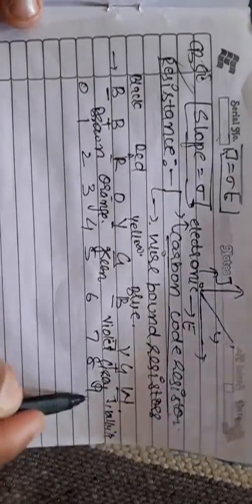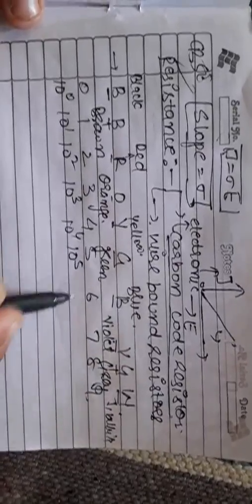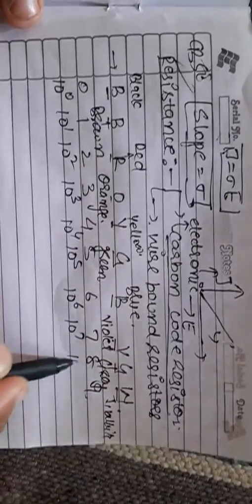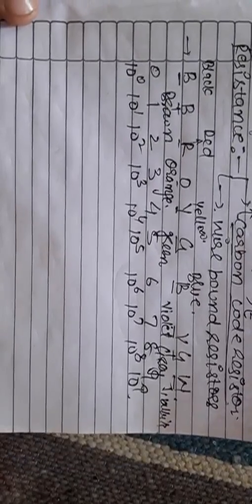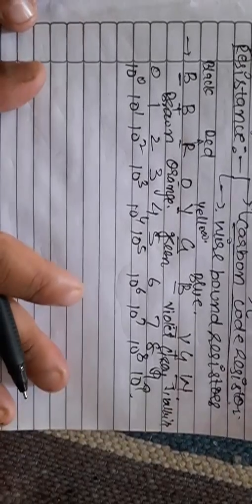Start from 0: 0, 1, 2, 3, 4, 5, 6, 7, 8, 9. Then the multipliers are 10 to the power 0, 10^1, 10^2, 10^3, 10^4, 10^5, 10^6, 10^7, 10^8, and 10^9. So, B B Roy of Great Britain has a Very Good Wife. This is the method to learn.